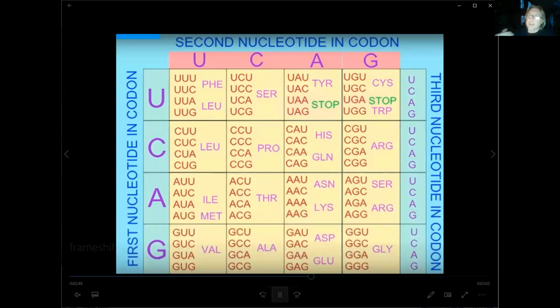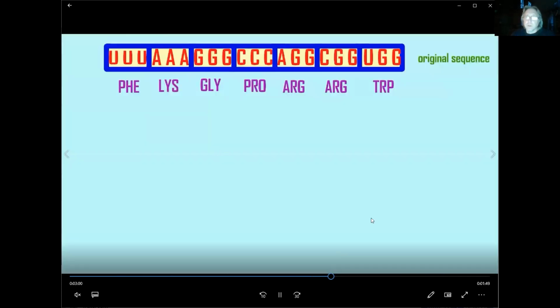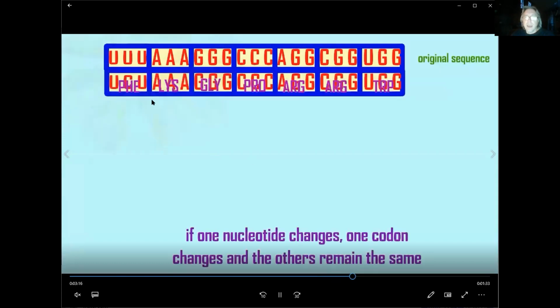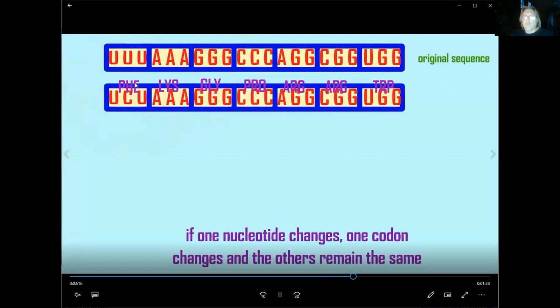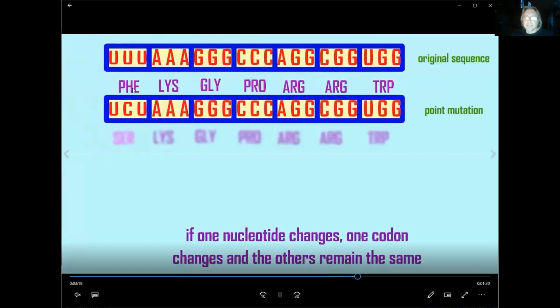It doesn't have to, because notice that, for example, all 4 of these, CUU, CUC, CUA, CUG, all 4 of them code for leucine. So you could change one to another and still code for leucine. And so a point mutation, once again, is just changing one letter, and it could change the original sequence, which coded for the amino acids phenylalanine, lysine, glycine, proline, arginine, arginine, tryptophan. Here it changed this one to a serine, so it changed one amino acid.